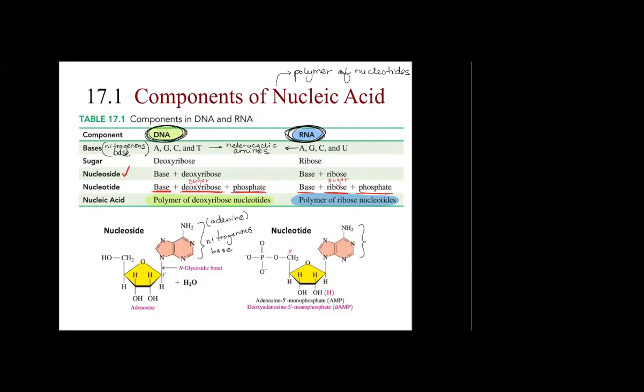When we look at the structure of adenine, we can see that adenine is a heterocyclic amine. Remember, a heterocyclic amine is a cyclic structure in which you have nitrogen as an atom other than carbon. So that's why they're nitrogenous bases or heterocyclic amines. Nitrogen is in the cycle.